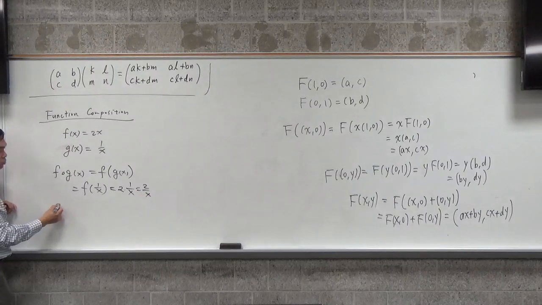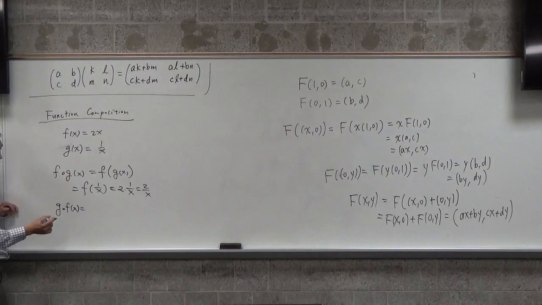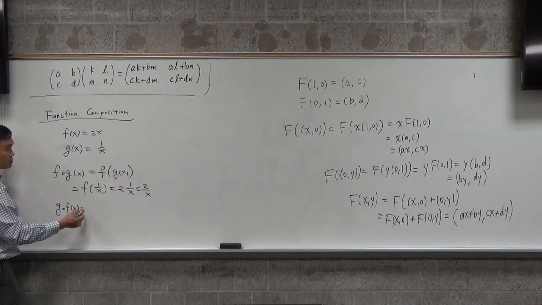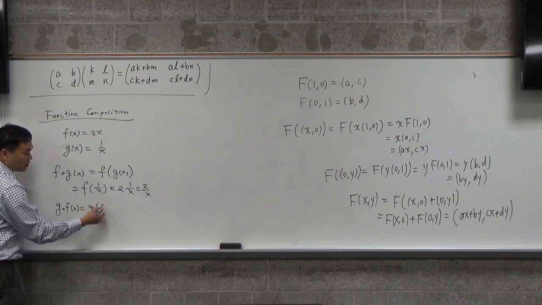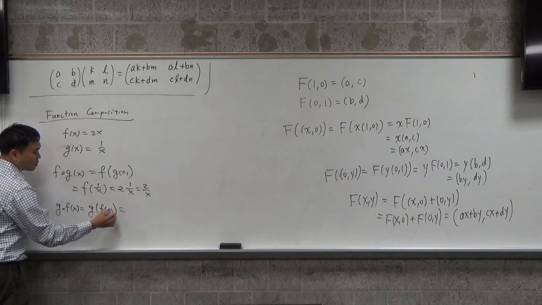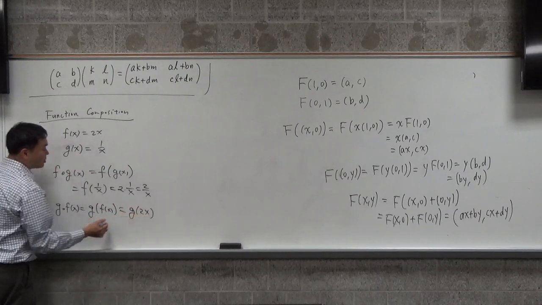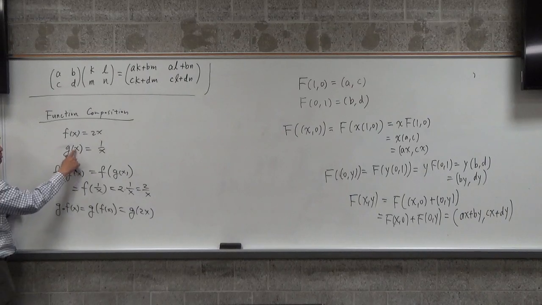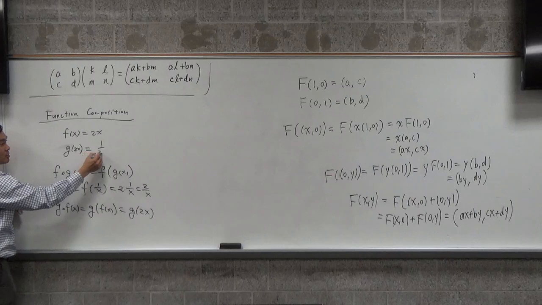Now on the other hand, what's g composed with f? 1 over 2x, right? It's g of f of x, where f of x is 2x, so it's g of 2x. That's like taking this definition and writing in 2x in there.